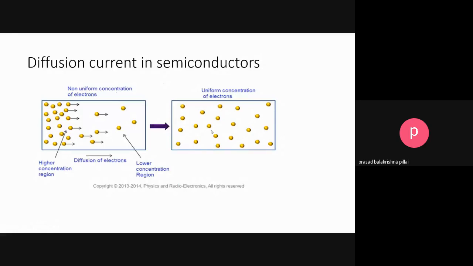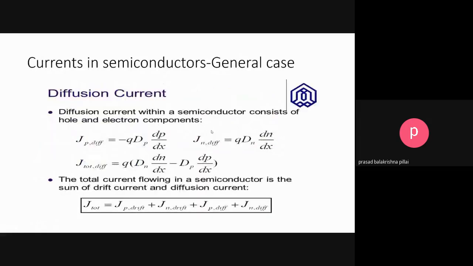Since it is a charged particle in motion, you have a current constituted by it. In the case of doping, we did not see that, but in the case of a graded semiconductor, since the carriers are moving, they will be constituting a current, and that current is not due to the temperature. It is strictly due to the concentration gradient, since the thermal energy will be more or less the same.